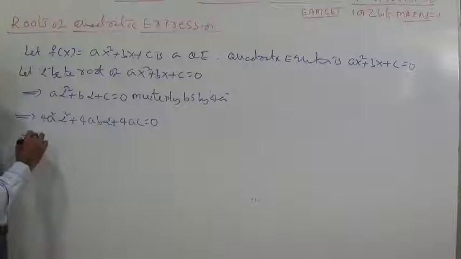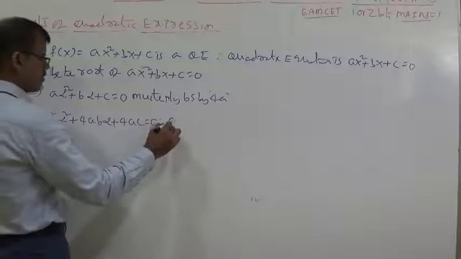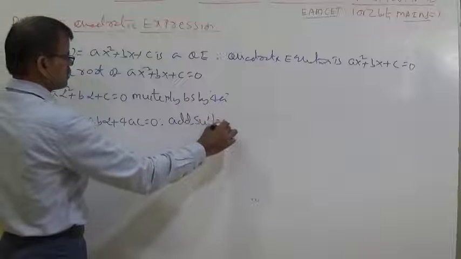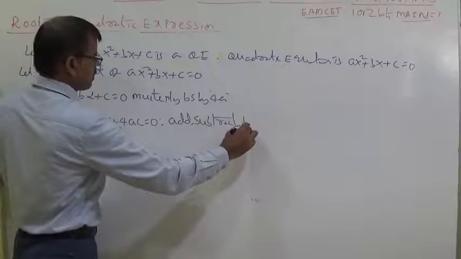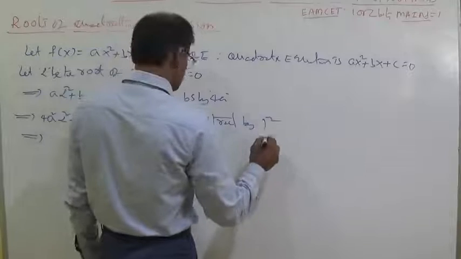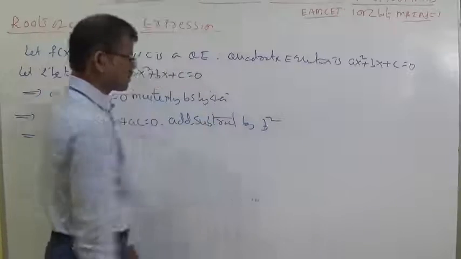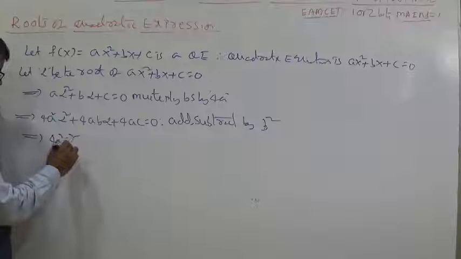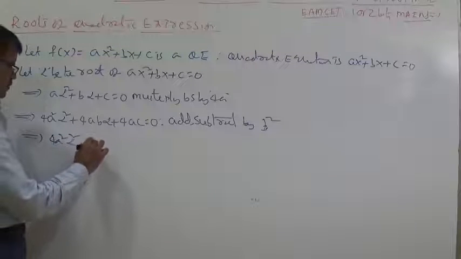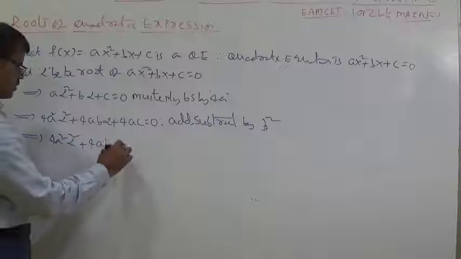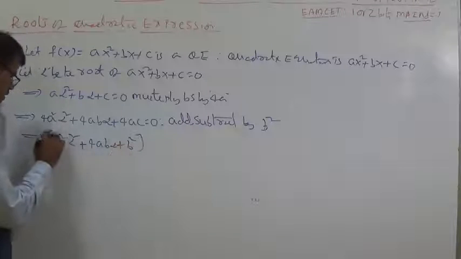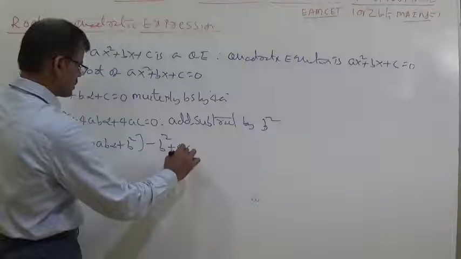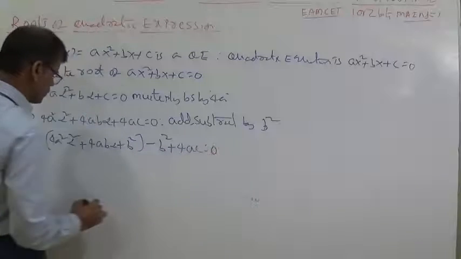We can understand here, add comma subtract b square. So you can write 4a square alpha square plus 4ab alpha plus b square, take a bracket like this. Now you can write minus b square plus 4ac equal to 0.